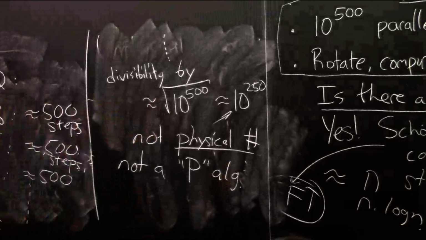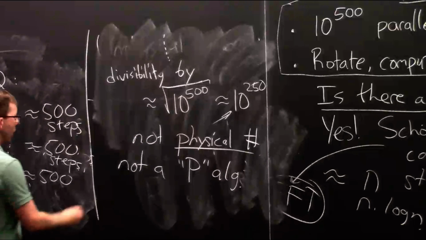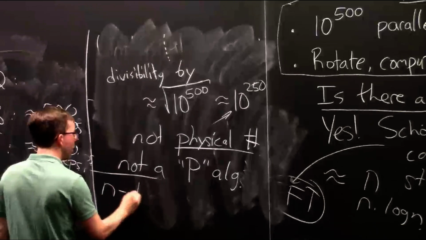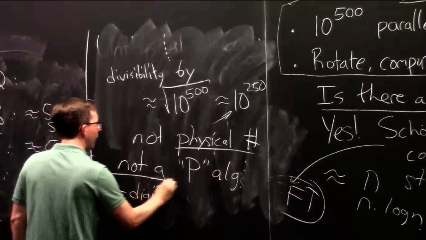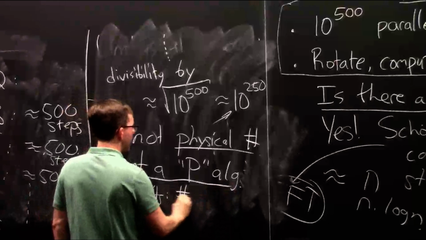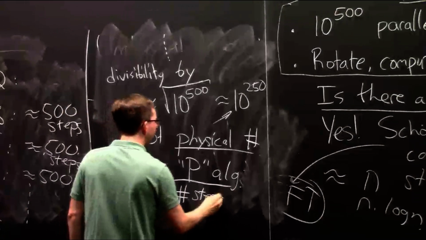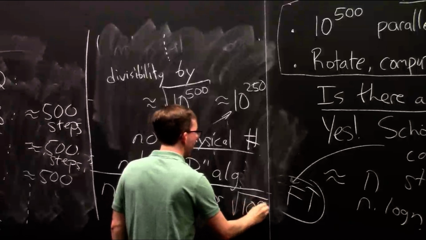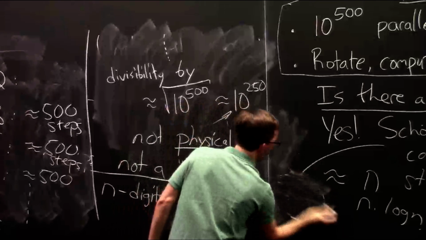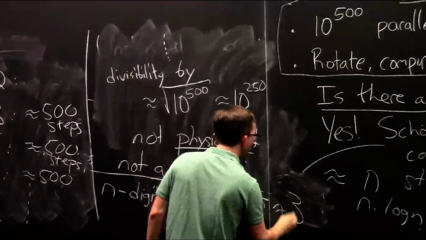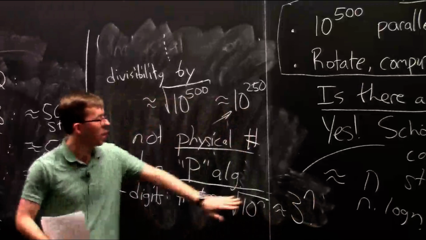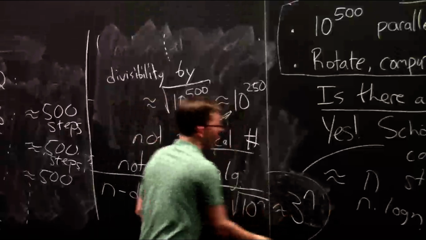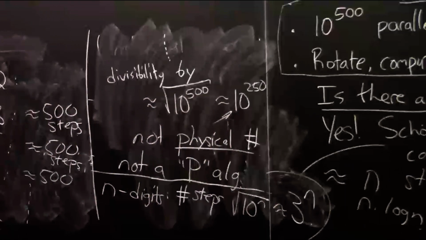In general, I picked the number 500 here, but if you're factoring an n-digit number, then the number of steps will be like square root of 10 to the n. Maybe like 3 to the n or so. And the point is that this is not a polynomial function of n. This is an exponential function of n, which is why this is not a practical algorithm.